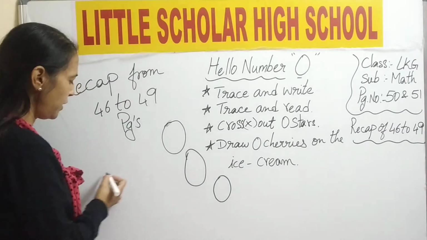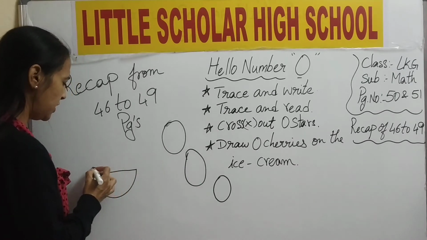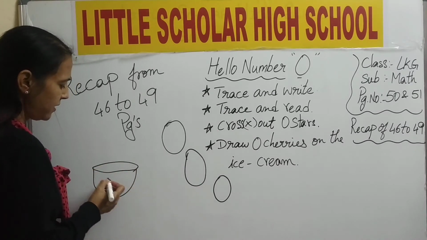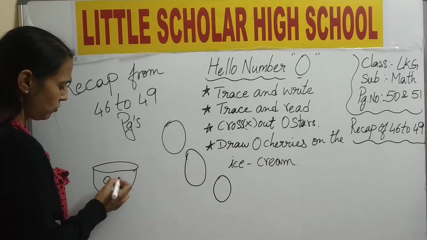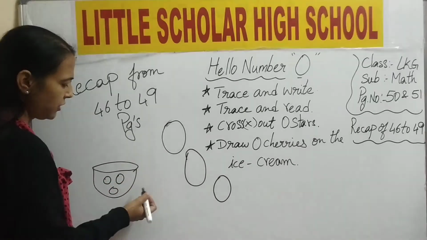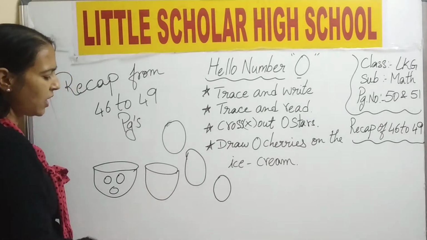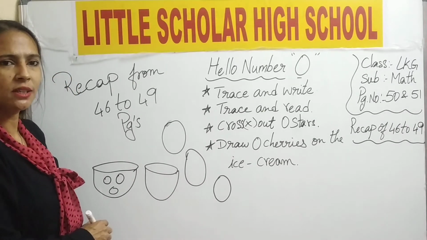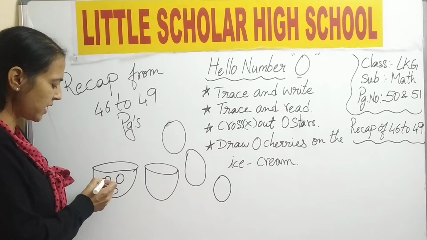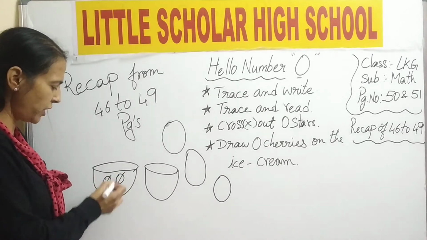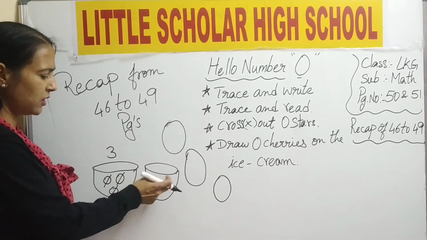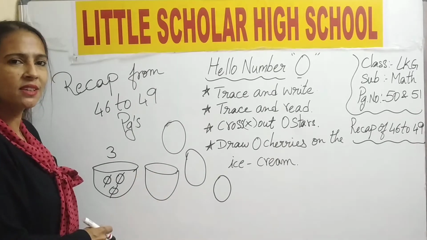Now, for example, if I put a basket over here and I put some balls in it, and there is another basket without anything. So this basket we can count, right? 1, 2, 3. So we'll write 3. Do we have anything in this basket?